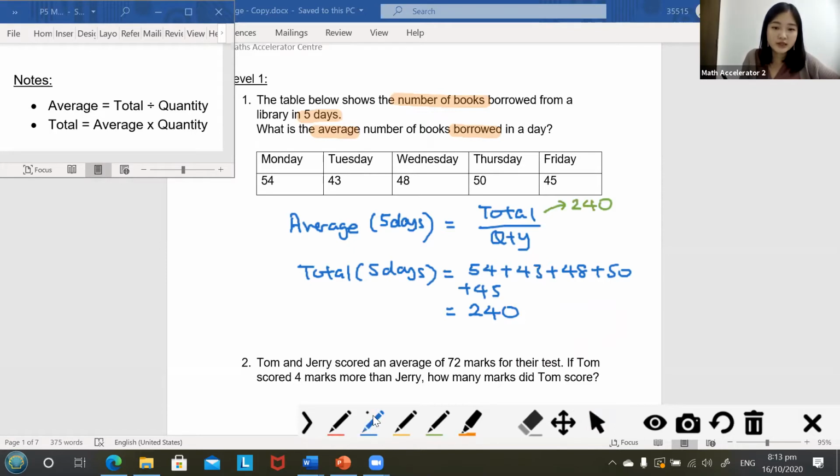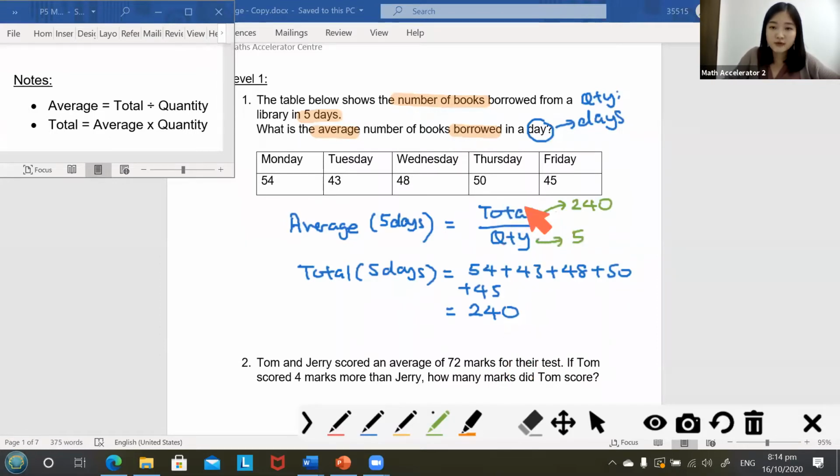Earlier on we said that is the number of items or people. In this case, it's the number of days, so you can add it in your notes as well: quantity is about the days. How many days do you have? You have 5. So your quantity here is 5.